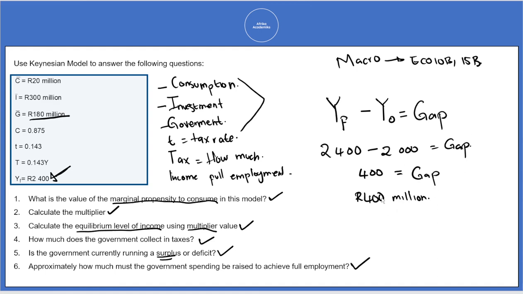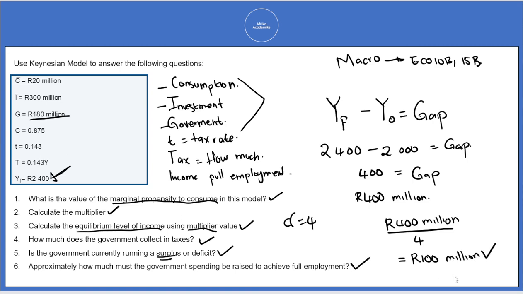Okay, so we will take this amount over here, and then we will divide it by the multiplier. And then our multiplier is what? When we calculated it, it was 4. Maybe you forgot because I did erase it there. So you'll say 400 million divided by the multiplier, which is 4, and this will give us 100 million.